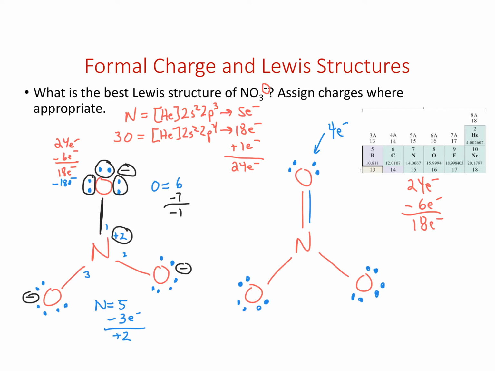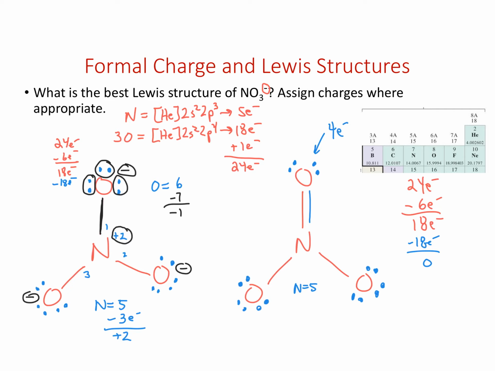So now let's take a look. I've assigned 12, 13, 14, 15, 16 lone pair electrons, and then 2 more electrons in this nitrogen-oxygen extra bond that I added. I've still assigned 18 electrons. So let's figure out which is the better Lewis structure. Taking a look at my formal charges, nitrogen is still group 5. That didn't change, but the number of electrons assigned to nitrogen did change.